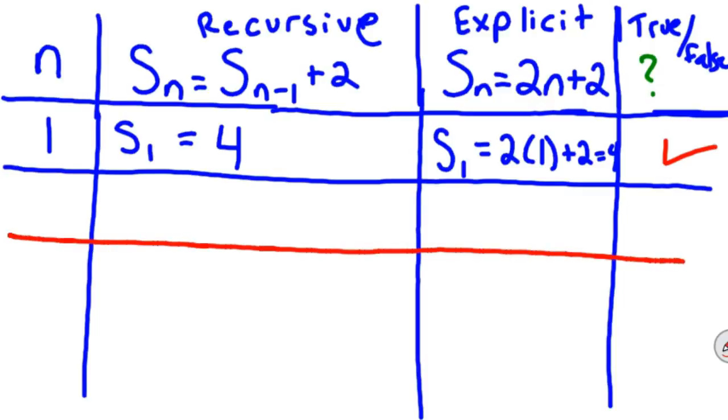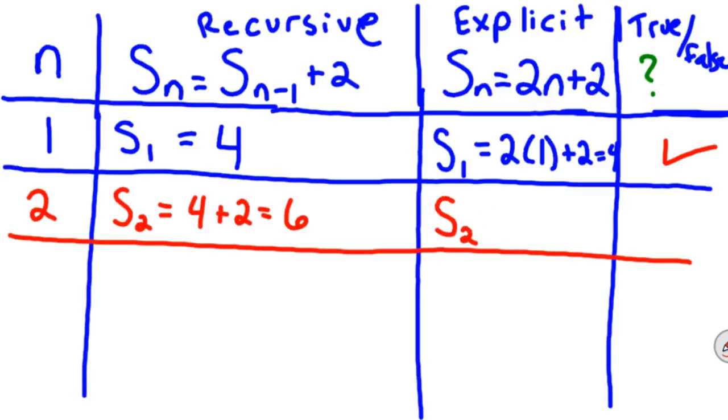And I'm going to do just a couple more just to make sure. So number 2, S sub 2 equals your previous term, which is 4, plus 2. So that would be 6. And if we plug 2 into the explicit formula, that'd be 2 times 2 plus 2, which would also be 6.